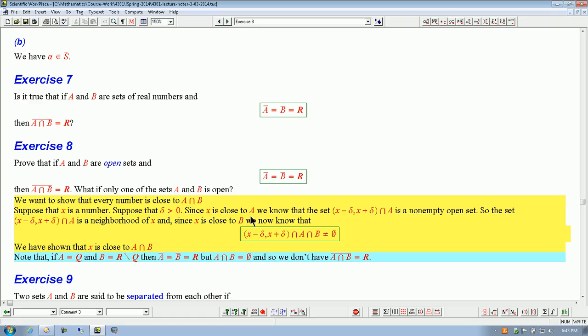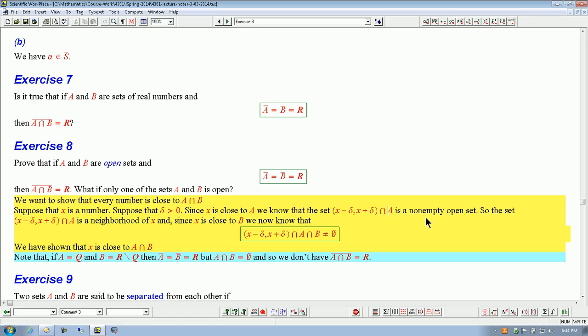Since X is close to A, this neighborhood of X must intersect with A. We know that this set is non-empty. What kind of set is this? It's the intersection of a known open set and a known open set. And the intersection of two open sets has always got to be open. Fair enough? So, this is a non-empty open set.